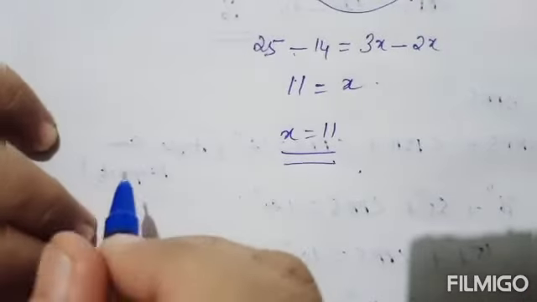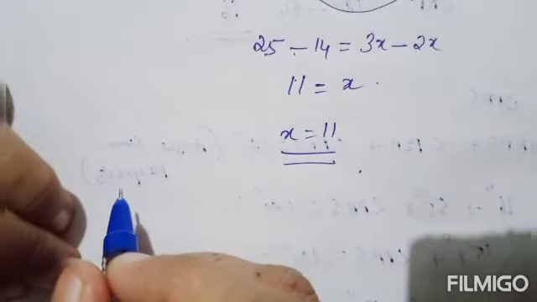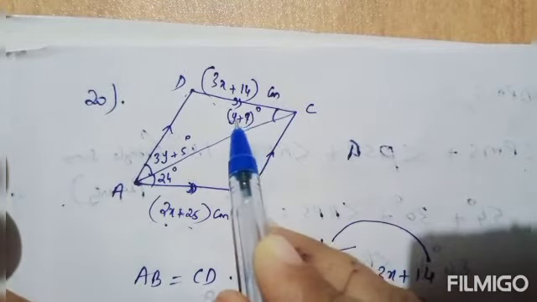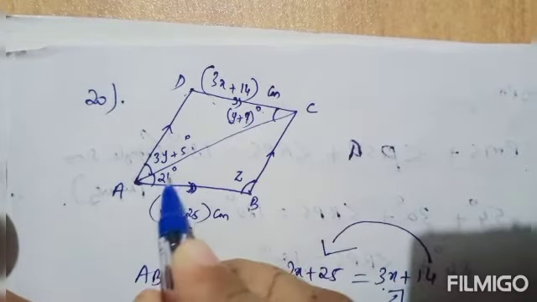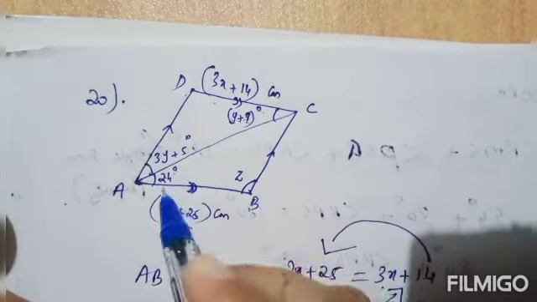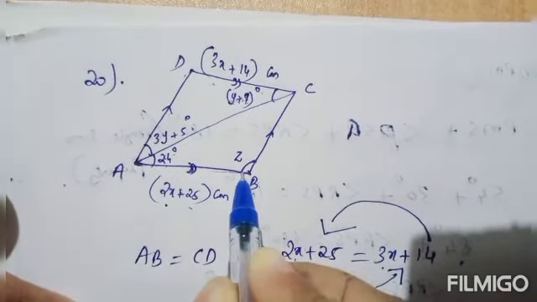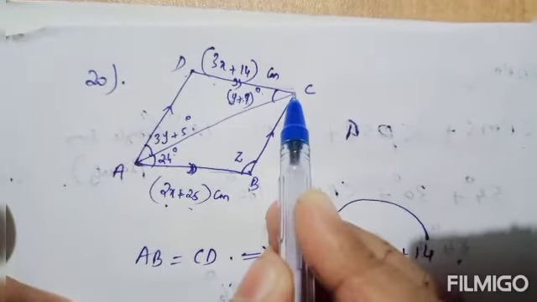Next you can find y. Here you can see this angle is given as y plus 9 degrees. This angle is 24 degrees. They form a pair of alternate angles. AB is parallel to CD.